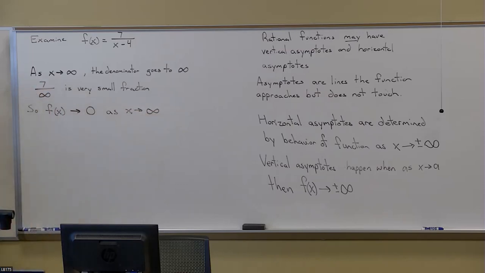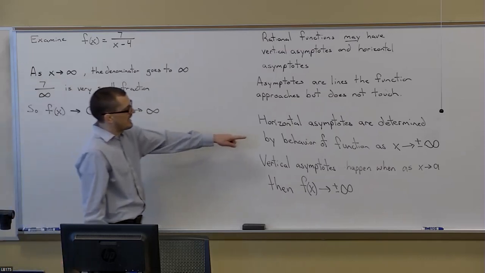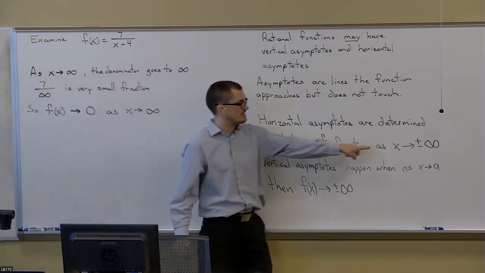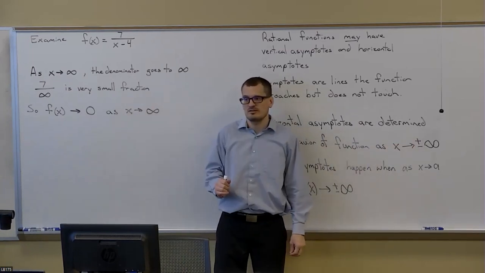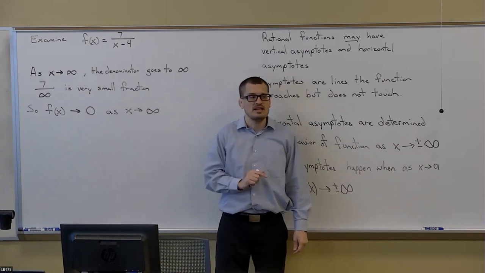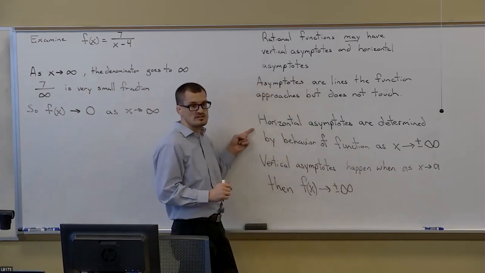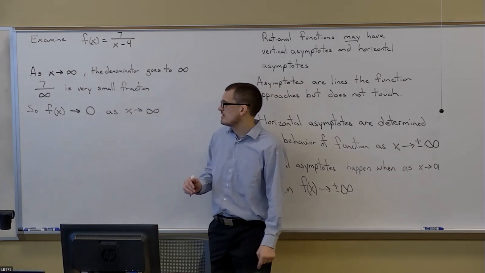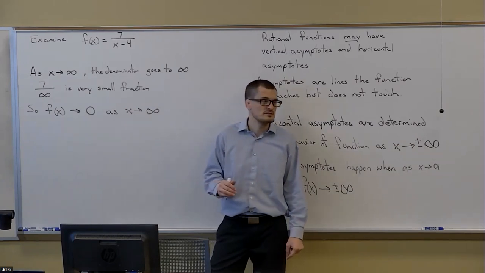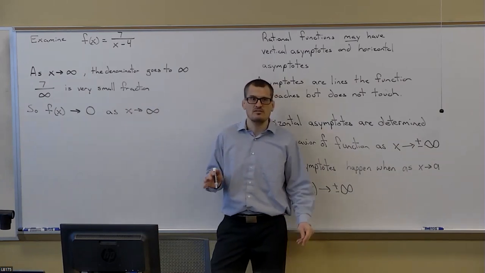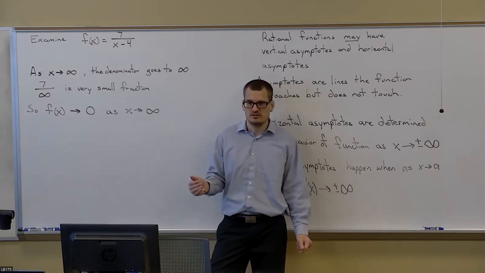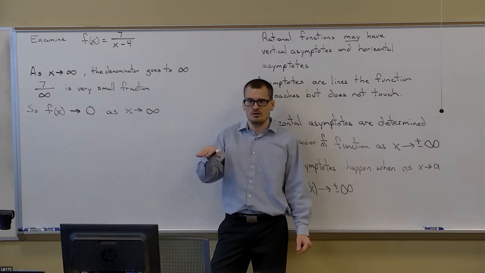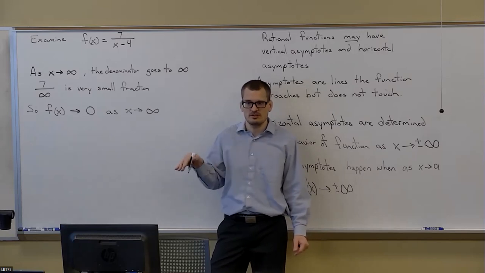Does that work? Is that okay? So the end behavior of this function as x goes to infinity is that my function goes to 0. That means I have a horizontal asymptote of, now be careful, not of 0. Technically, it's of y equals 0. So the equation of a horizontal line is y equals a number.